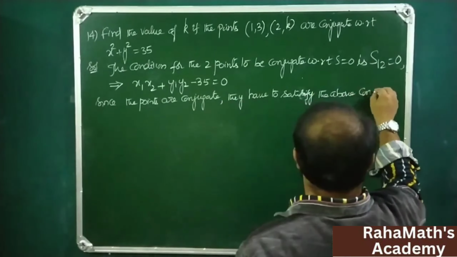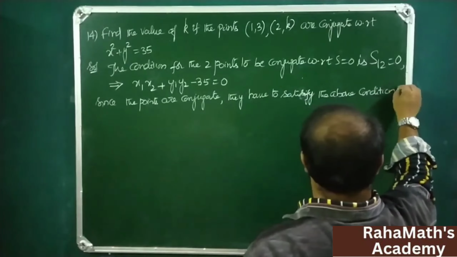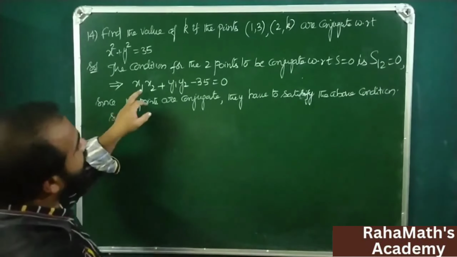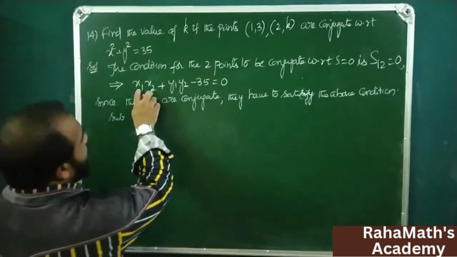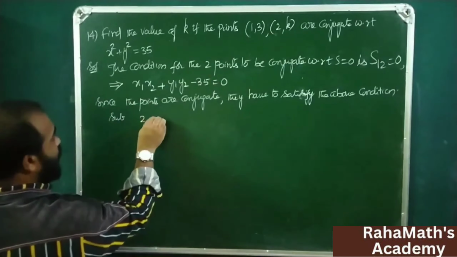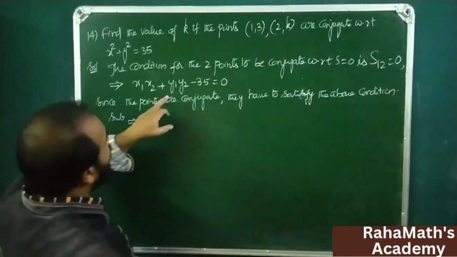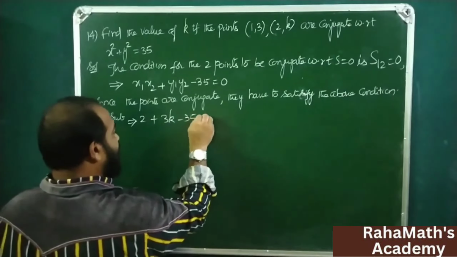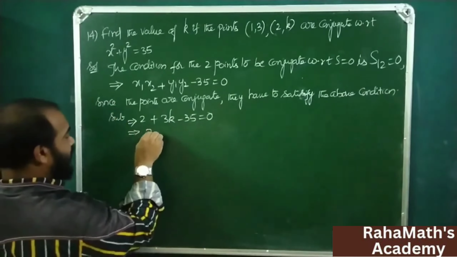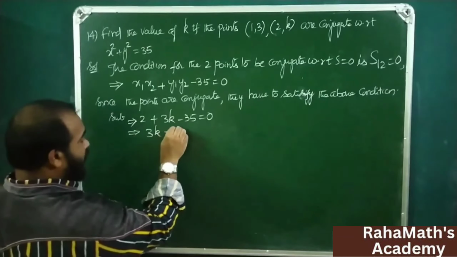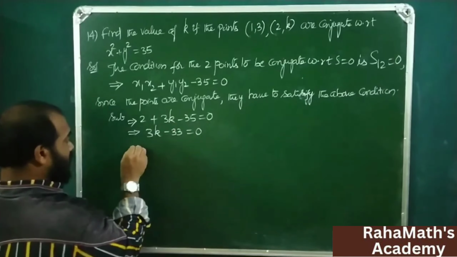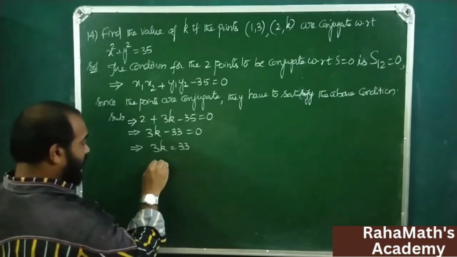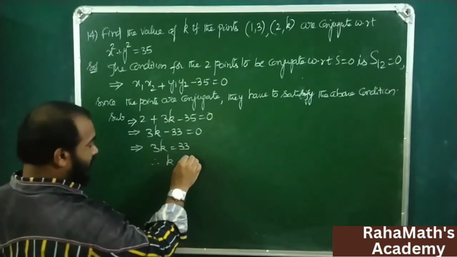Satisfying in the sense substituting the given values. So x1 x2: 1 into 2 is 2, plus y1 y2: 3 into k is 3k, minus 35 equals to 0. 3k plus 2 minus 35 is minus 33, equals to 0. 3k is equals to 33. Therefore k is equals to 33 by 3, which is 11.